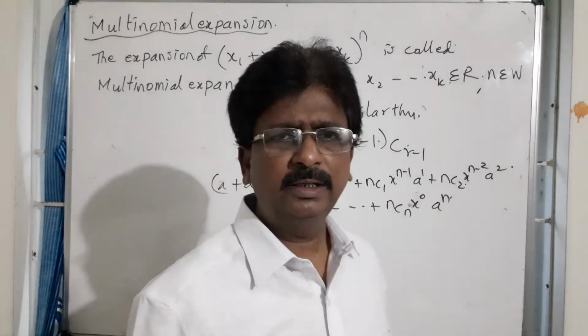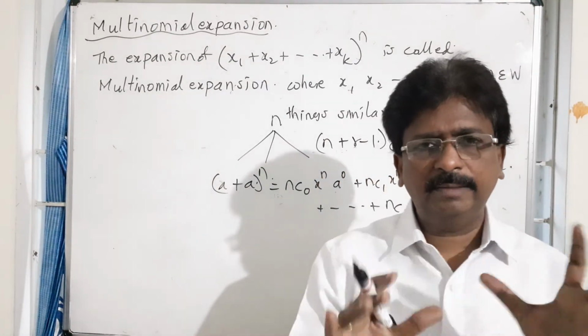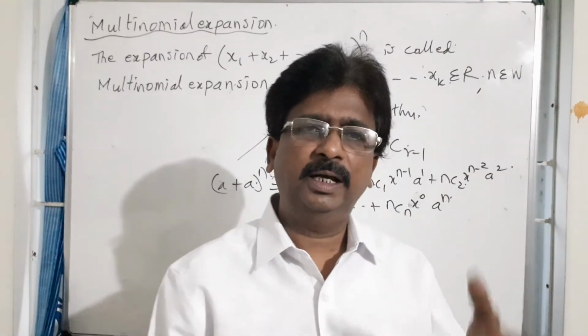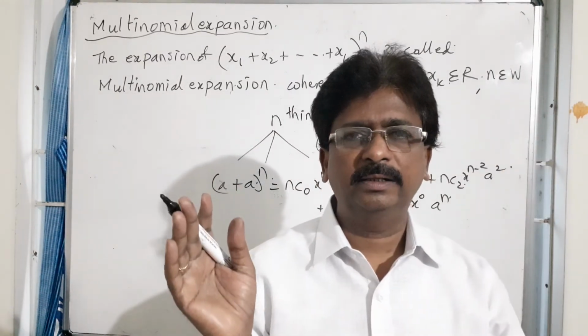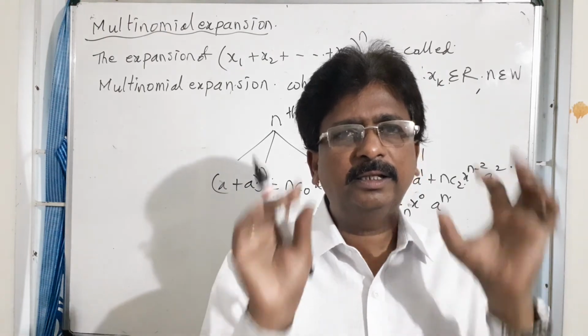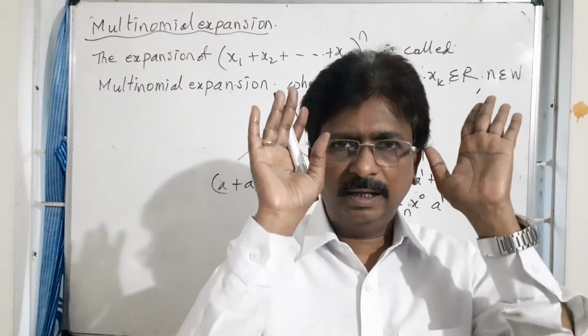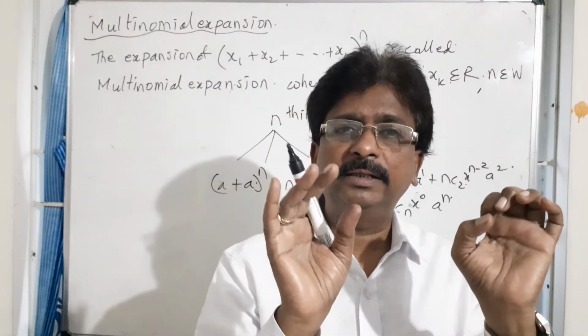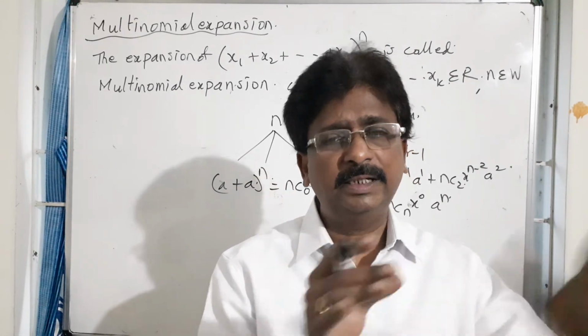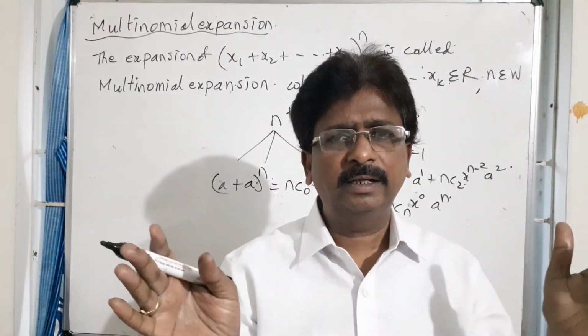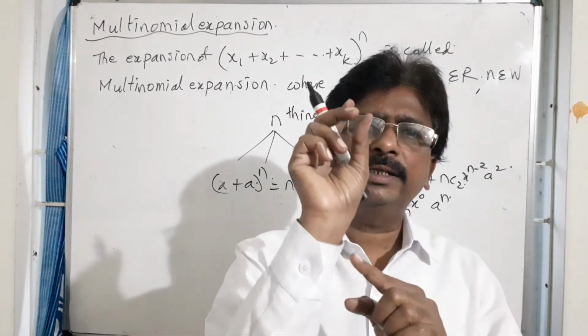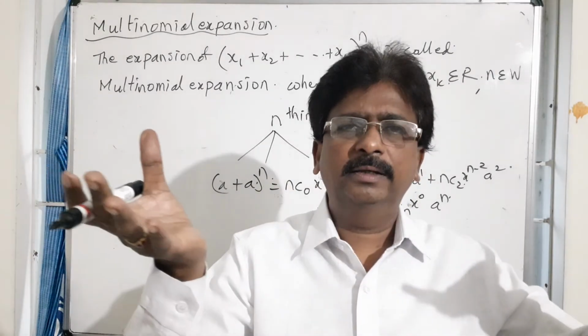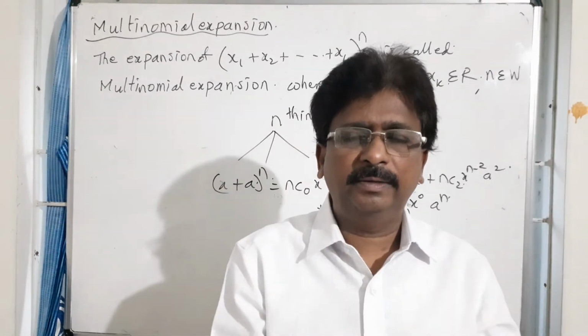You observe that in each and every term, x and a both are present, x power something, a power something. Now let us assume the power of x and a as the number of things given to them. x is a person and a is a person. You think like that, and n is the number of similar things available.